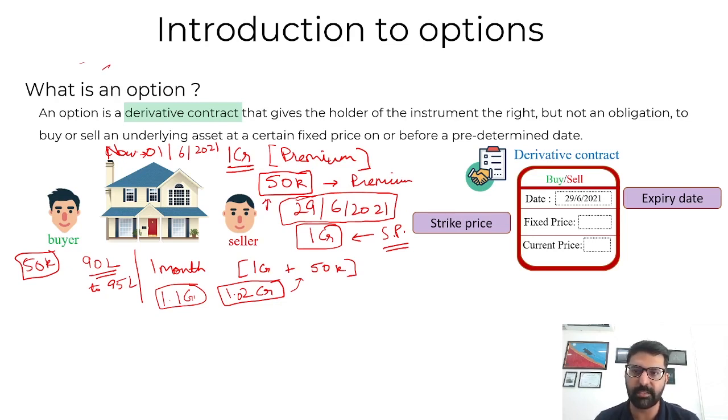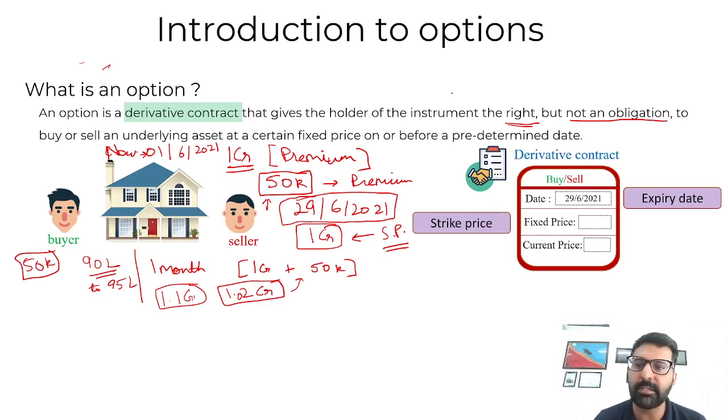So an option is a derivative contract that gives the holder of the instrument the right but not the obligation. Here, this is the important point. They have the right to buy. In this case, the person has the right to buy the house, but there is no obligation. So it's not compulsory that he has to pay 1 CR by the expiry.